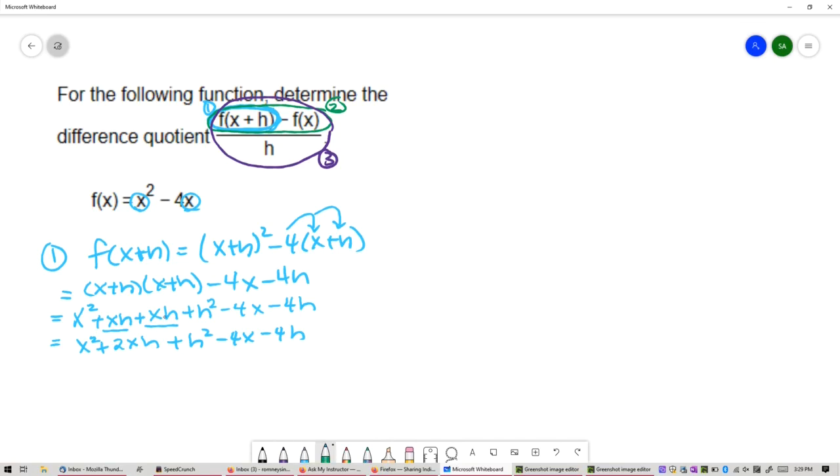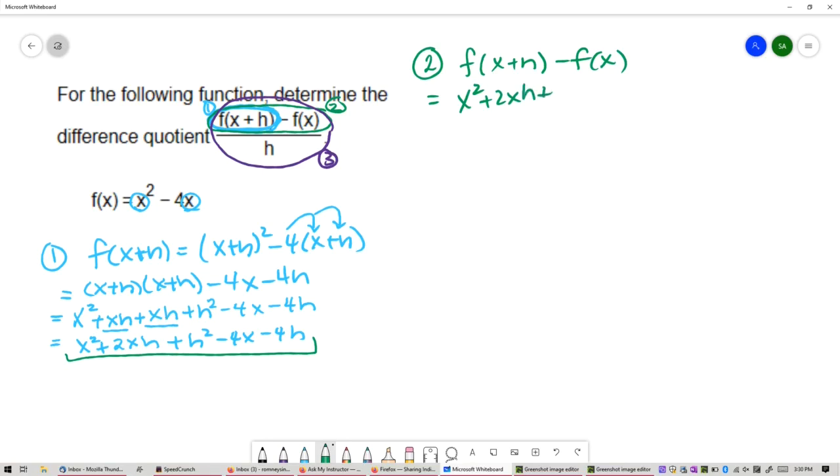But then I'm going to calculate the whole numerator, which is f of x plus h minus f of x. So I've already calculated that first part, the f of x plus h, so I'm just going to copy that down. That's x squared plus 2xh plus h squared minus 4x minus 4h.